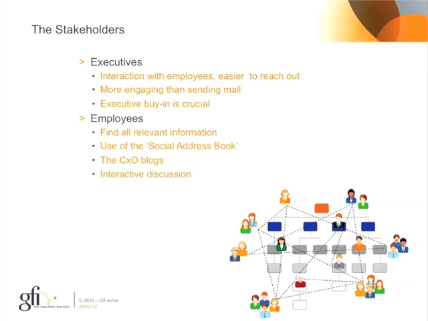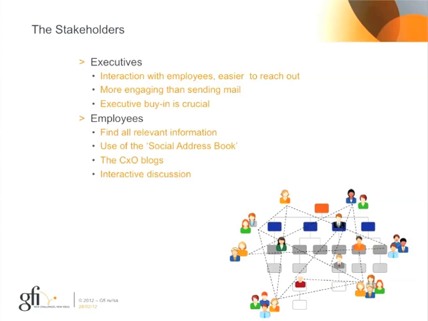For the employees themselves, it's quite obvious that when you have a tool, all the information needs to be in there, present from one or from all the areas so that you can find it back. Another big thing is the use of what we call a social address book. Currently, you only have the who is who. That's a basic address book, and you find the basic information from people.